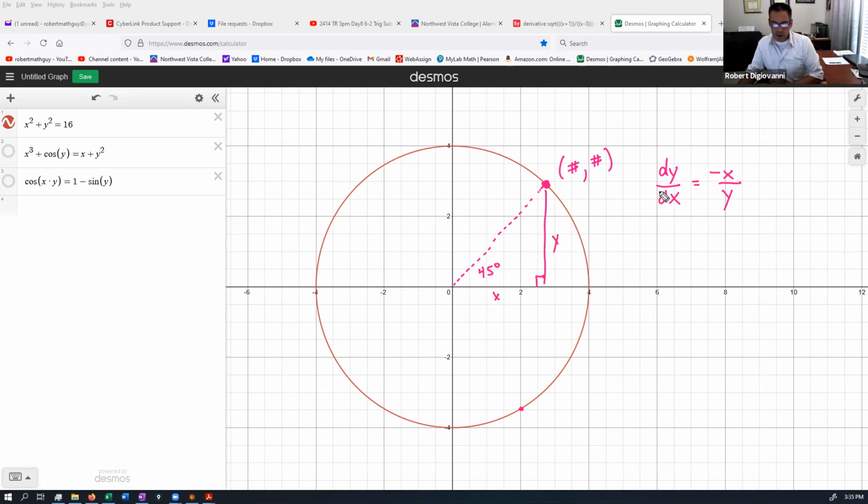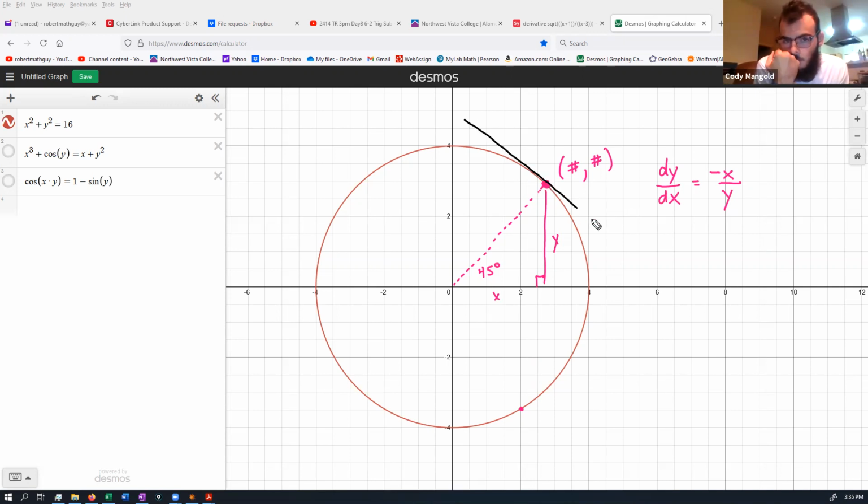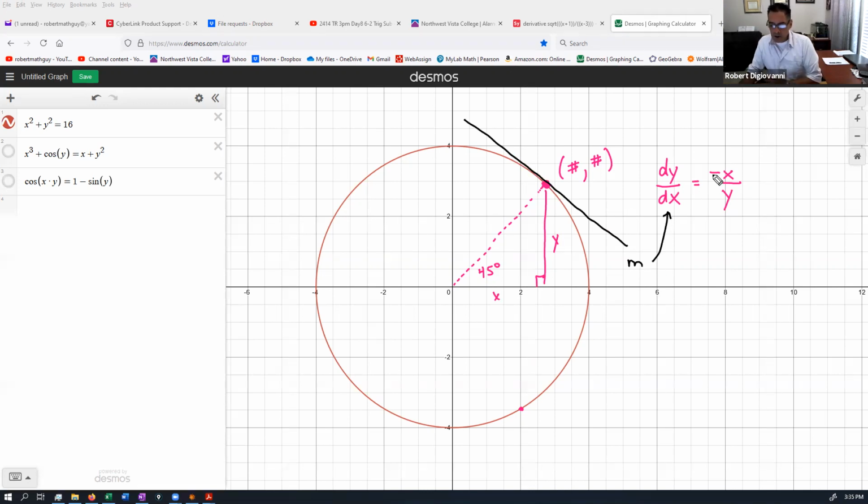So if the formula says to find the slope of the tangent line here, you need to use that formula, then you just take negative of the x coordinate, which in this case would be negative of some number, divided by the y, which is the same number for 45 degrees.